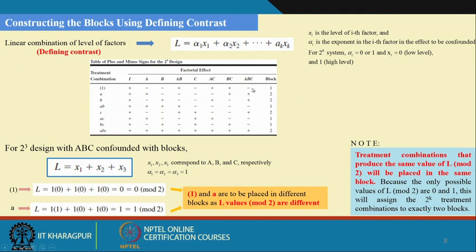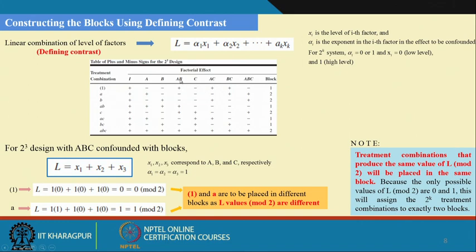Now the minus will be assigned to block 1 and plus will be assigned to block 2. So, there will be an equal number of minus and plus. Minus treatment combinations will go to block 1 and plus treatment combinations will go to block 2, obviously with respect to the effect to be confounded.